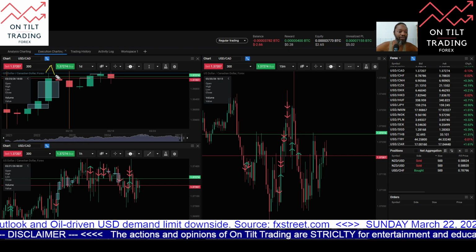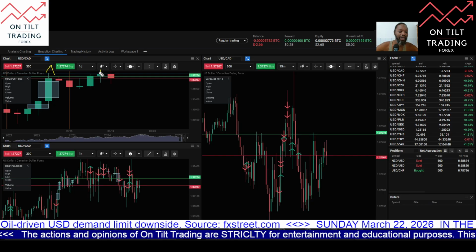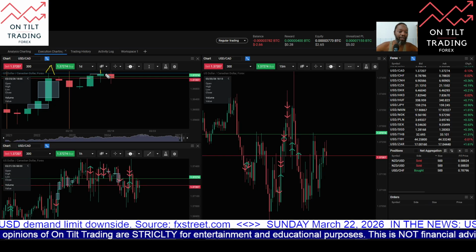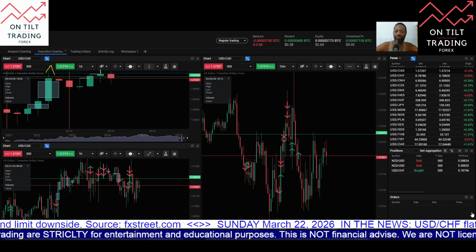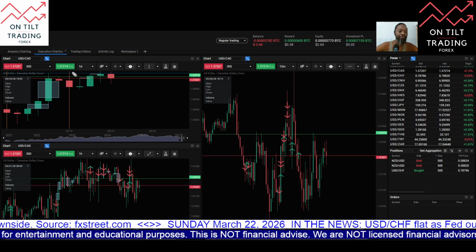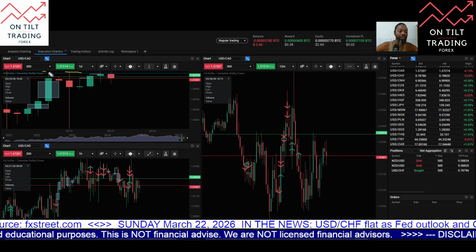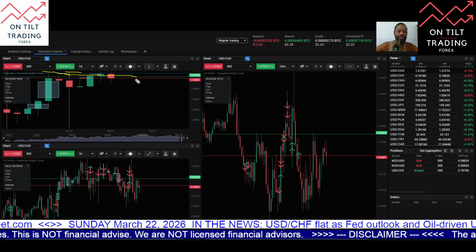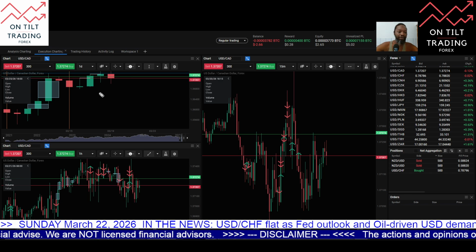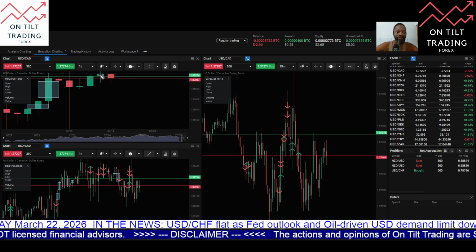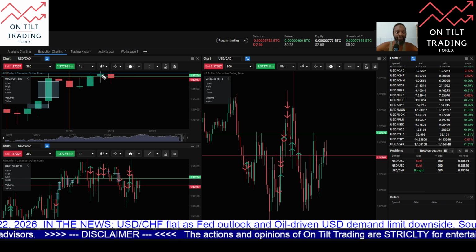So you see the swing high here. That swing high has been swept, but price has failed to close above this weekly high. If you see the blue line up there, price has only closed inside here.